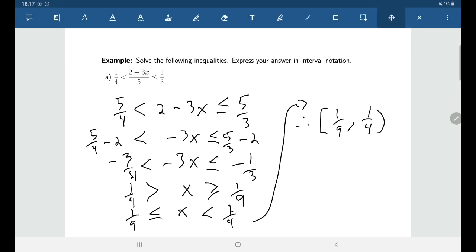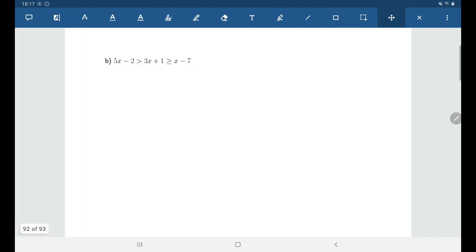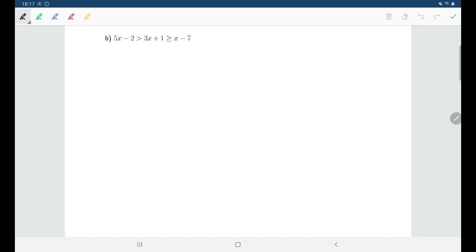And one last example. With this one, I don't have just a single x. I have x's on all sides of my inequalities, and so I think trying to isolate x is maybe a little bit of a problem. So what I'm going to do instead is split this up into two separate inequalities.